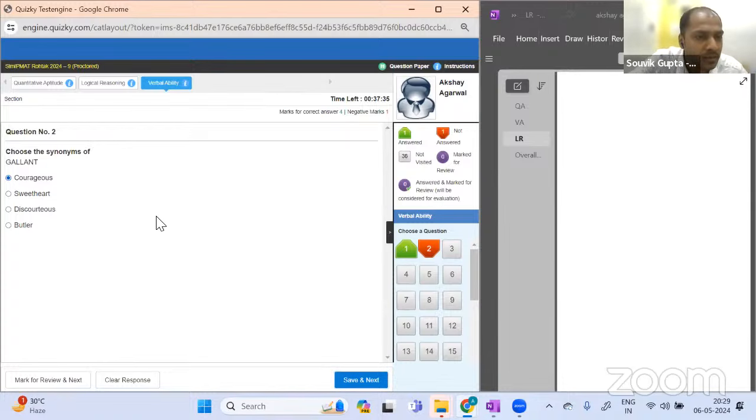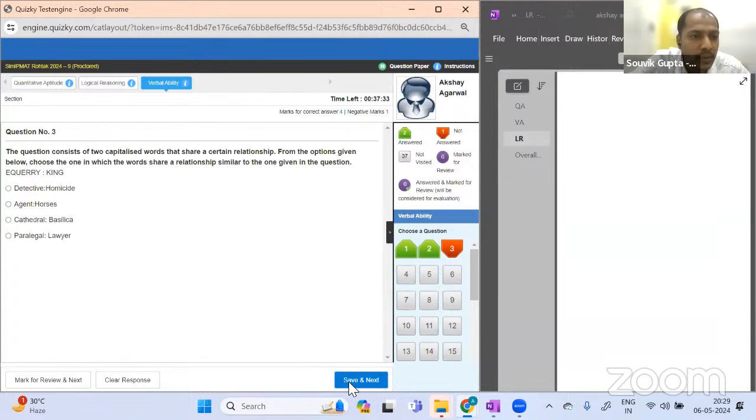Okay, gallant, courageous, kind of. Be careful. Equerry, king. I don't know what equerry means. Query. Sounds like a place.